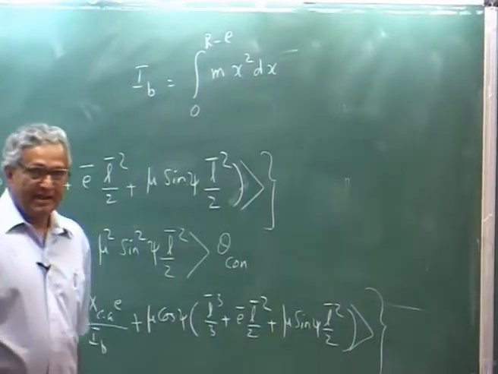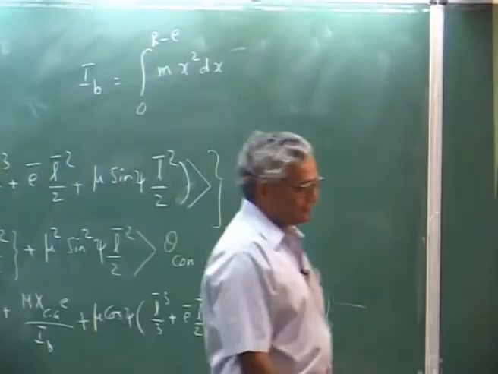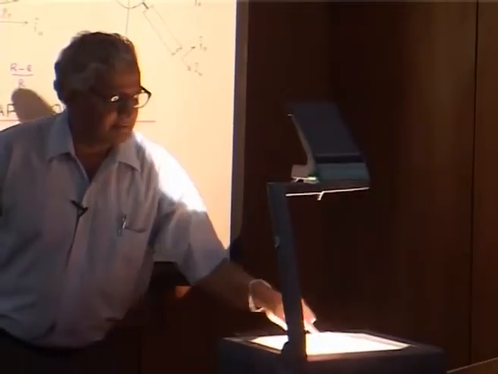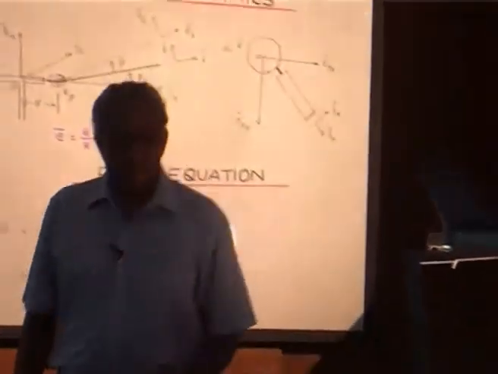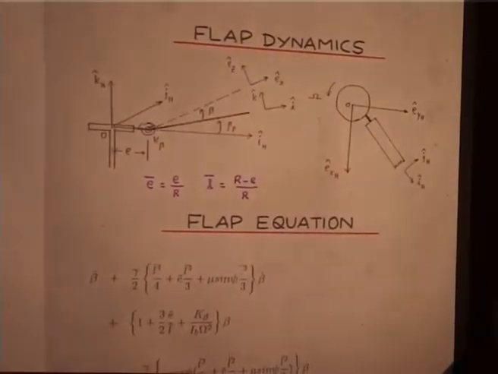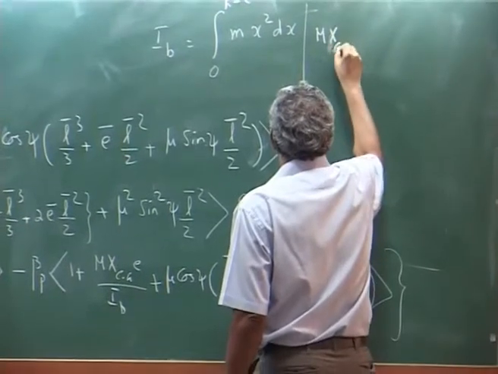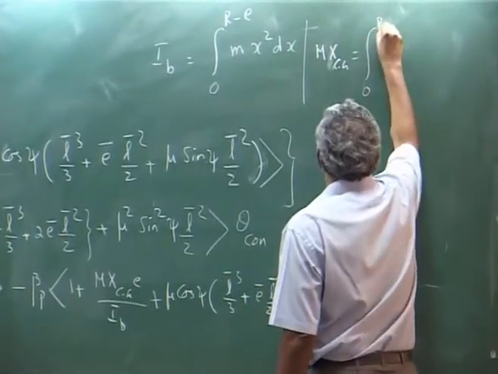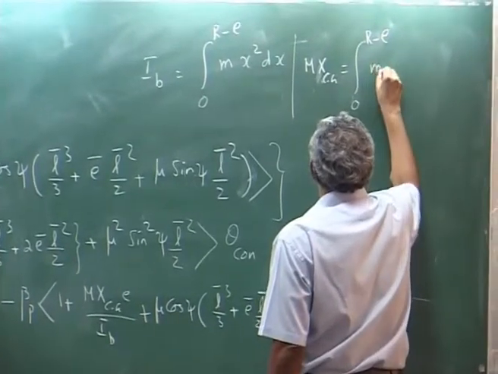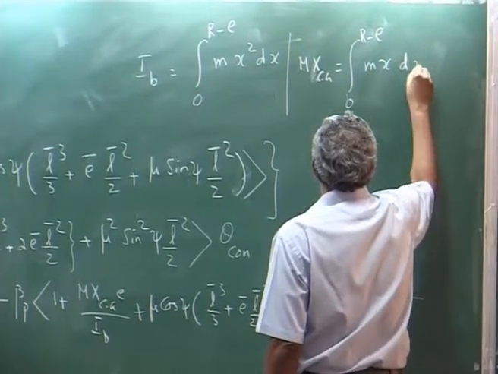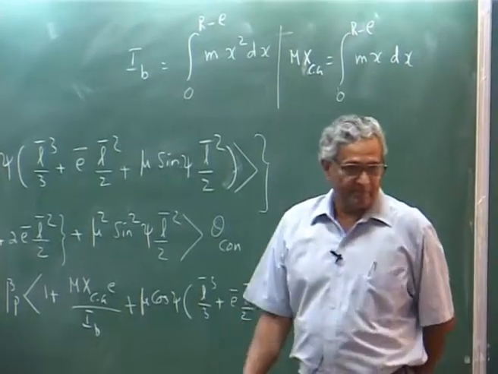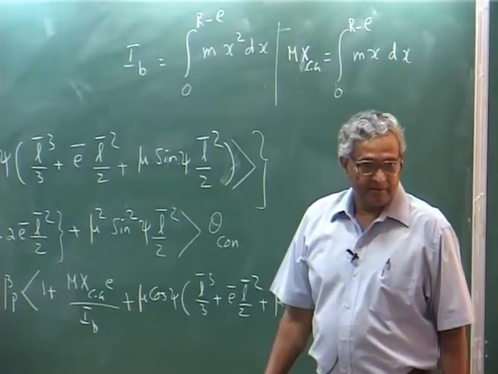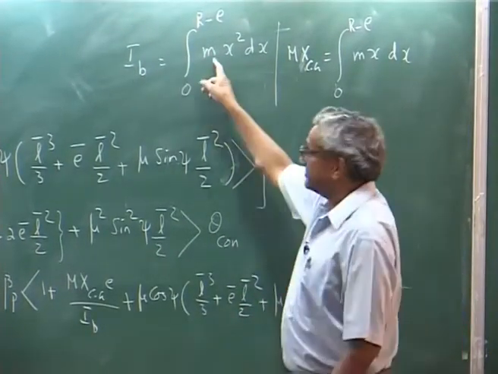Okay, x starts from the hinge offset from here, basically moment of inertia. m is mass per unit length.